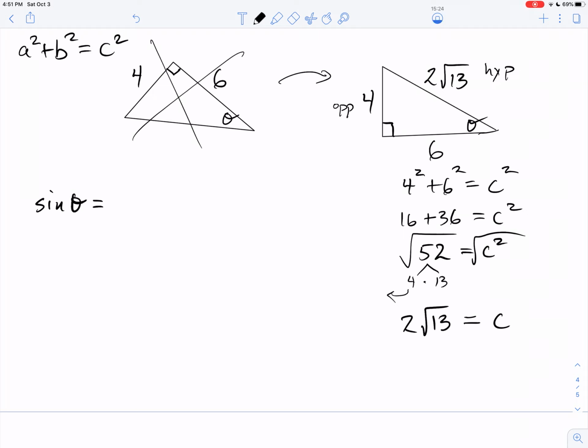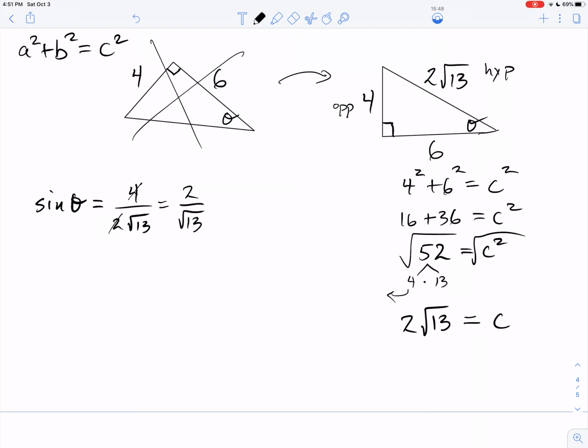And I would say that's 4 over 2 rad 13. Now hold on a second. These are both outside numbers, 4 and 2. I could reduce that. Outside numbers reduce outside numbers in radicals. It's true. It's totally true. It's not a lie. So I'd have 2 over rad 13.